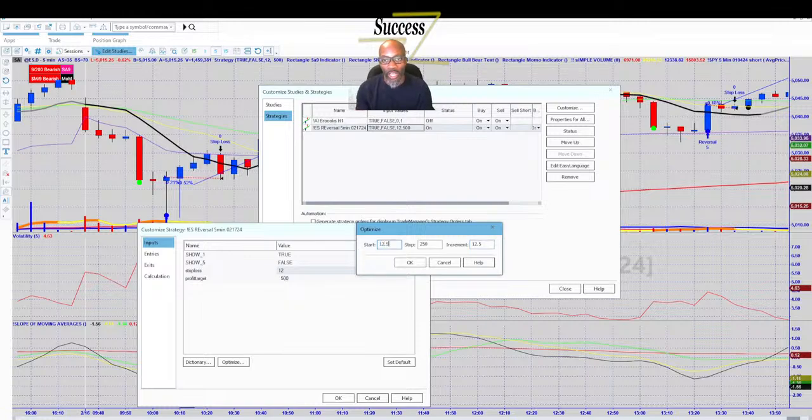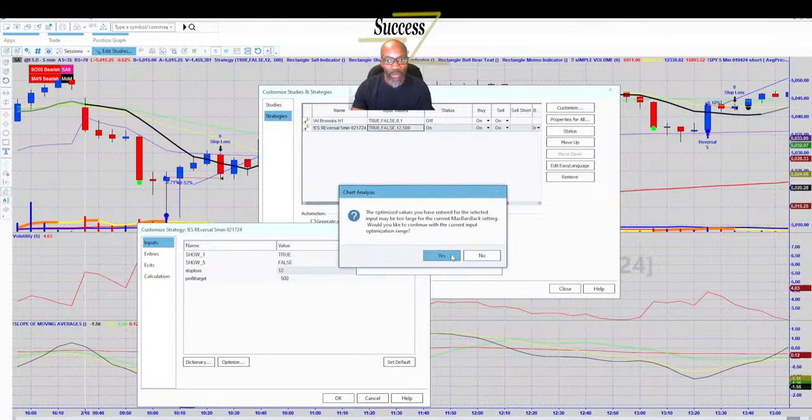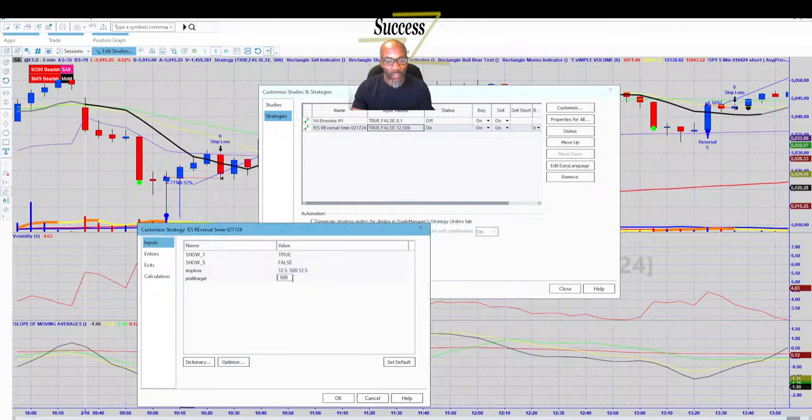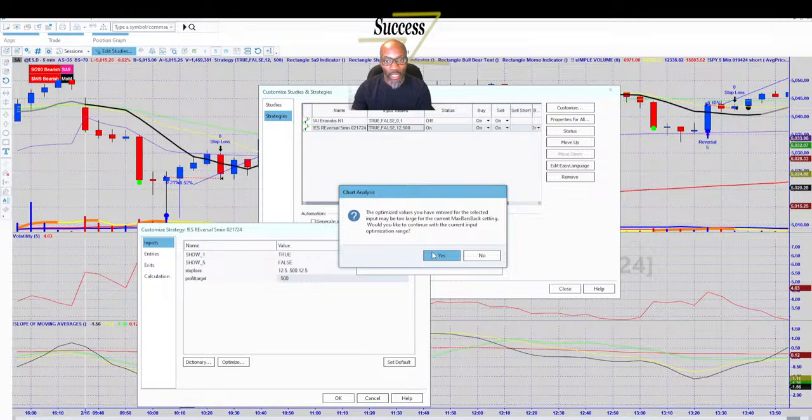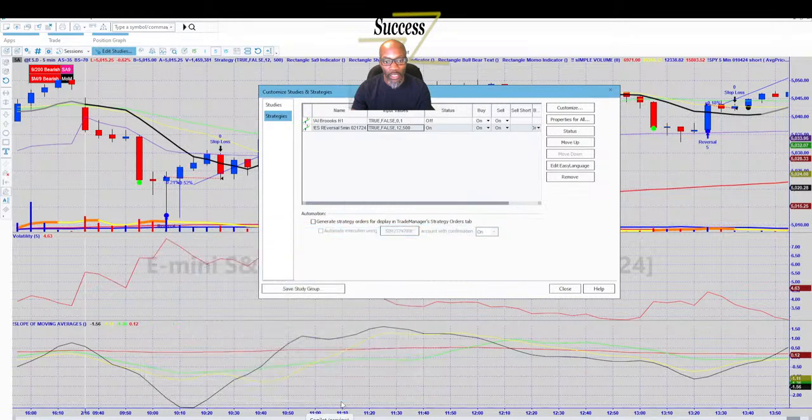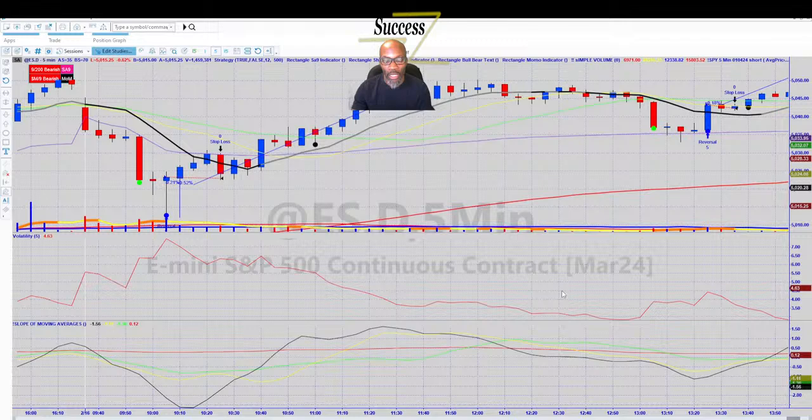So we'll start at 12.5, and then we'll go up as far as 500. Like I said, our intervals will need to be 250. We'll start this at say 100, which would be 2 points, and we'll go up as far as 1,000. And we'll go by intervals of 25 for this. And yes, okay. Optimize.